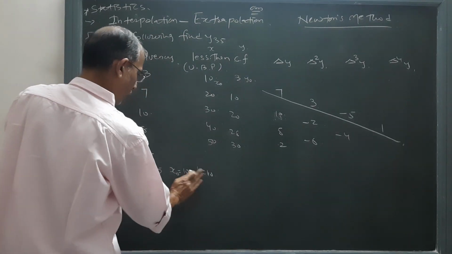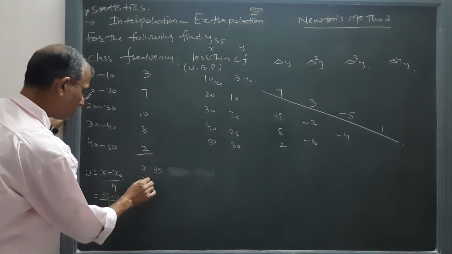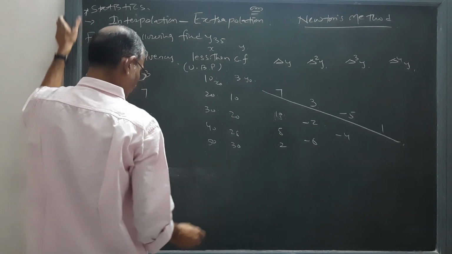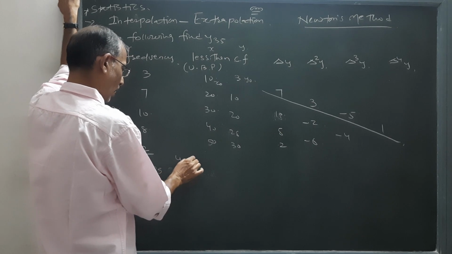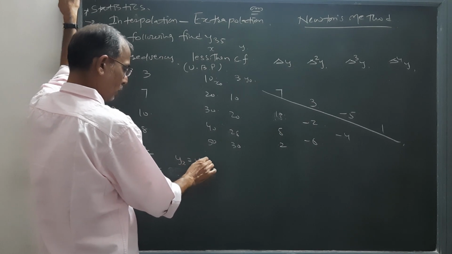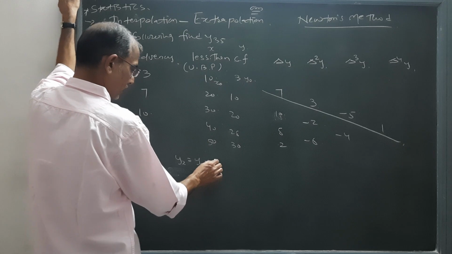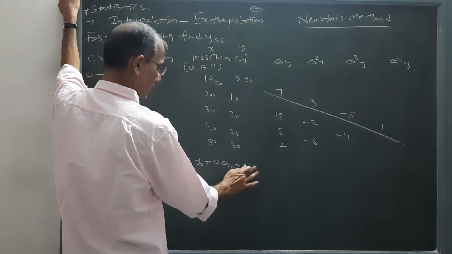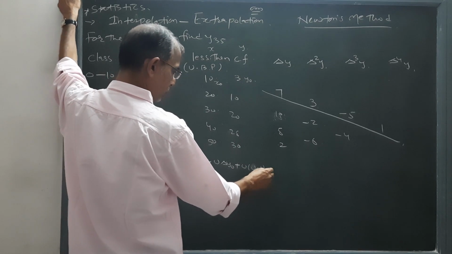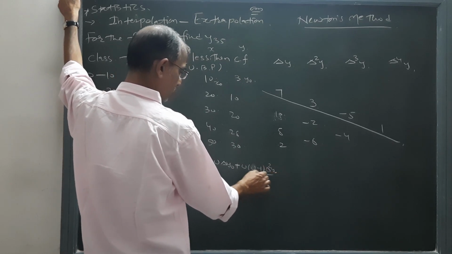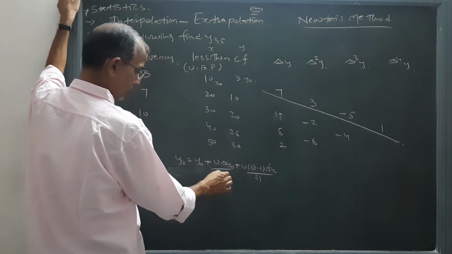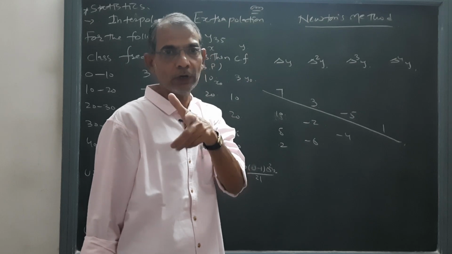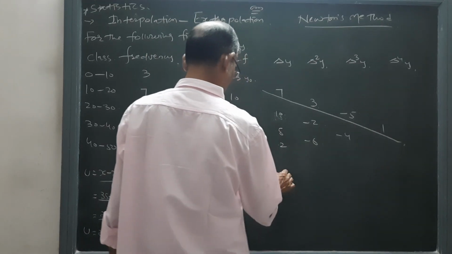Now as we know the formula, what is the formula? Yx is equal to y0 plus u delta y0, plus u into u minus 1 delta square y0 upon 2 factorial. Here we omit 1 factorial, because 1 factorial is equal to 1, so if you don't write it, that's alright.